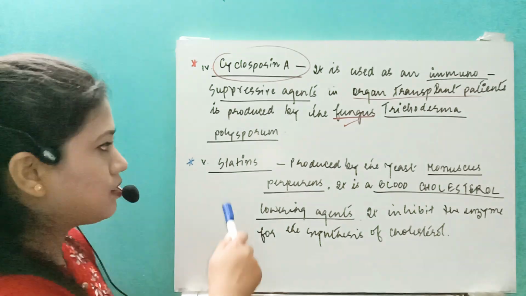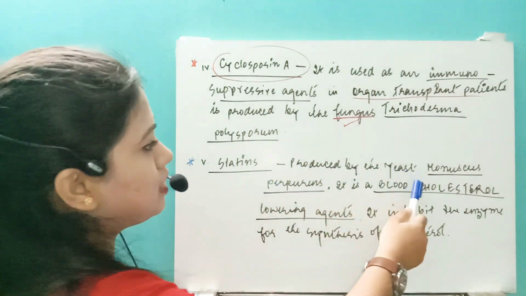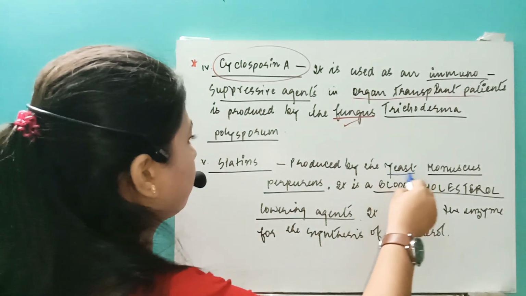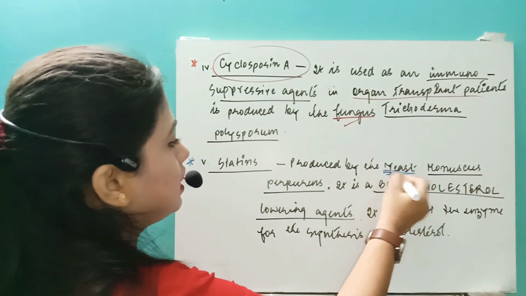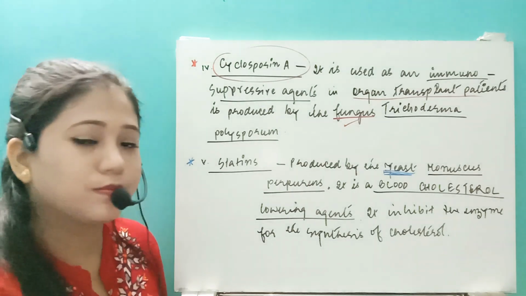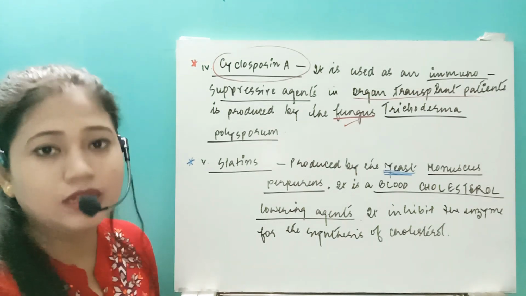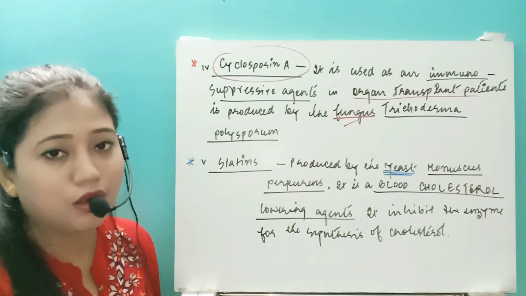So what is statin? This is produced by the yeast Monascus purpureus. Remember that it is extracted from another organism, that is yeast. It helps in decreasing the cholesterol level in our body.